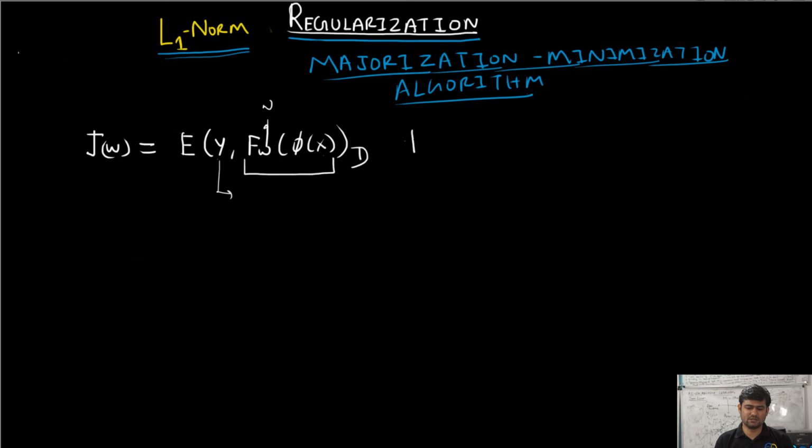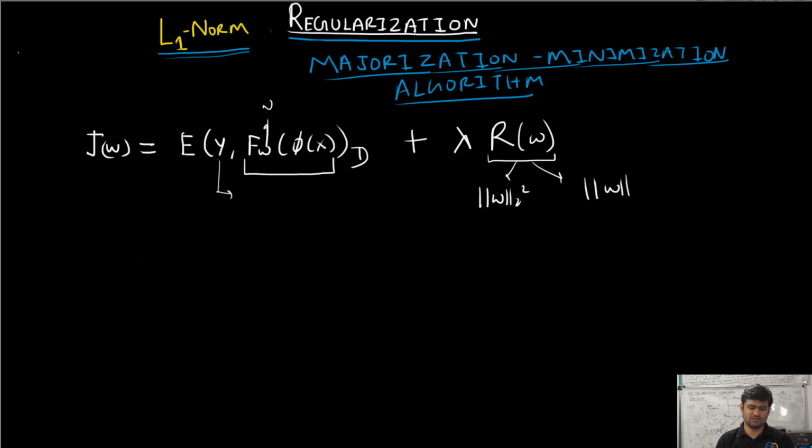The second term in this loss function is lambda times R of w, where R of w is a loss function corresponding to regularization. This can be the L2 norm squared of the parameters, or the L1 norm of the learnable parameters.